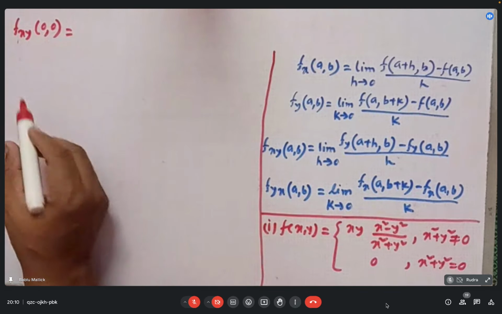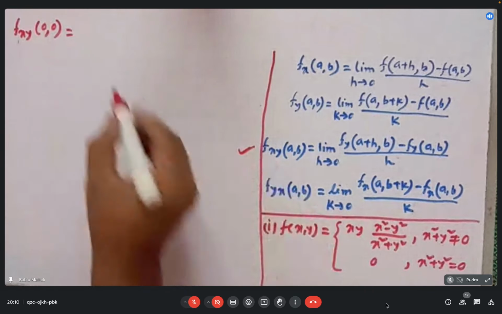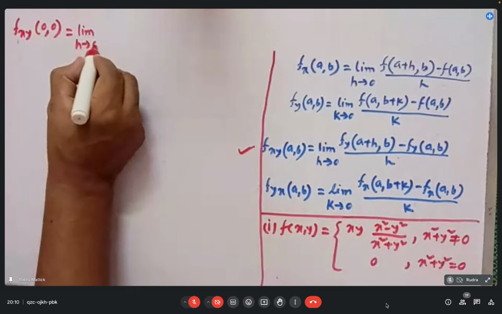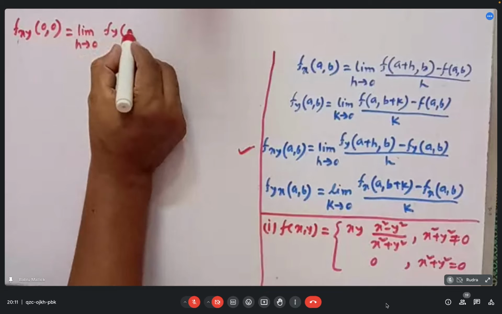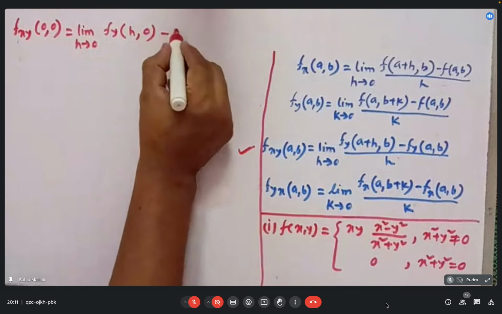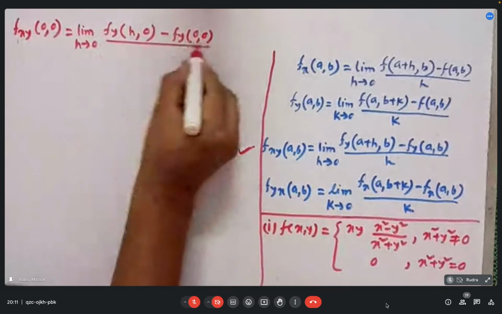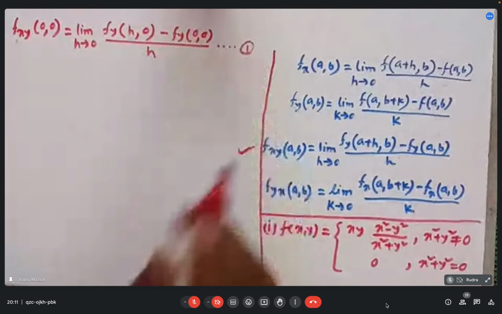So fxy at 0 0 মানে this formula, it is limit h tends to 0, fy of 0 plus h comma 0 minus fy of 0 0 divided by h. This is number 1.